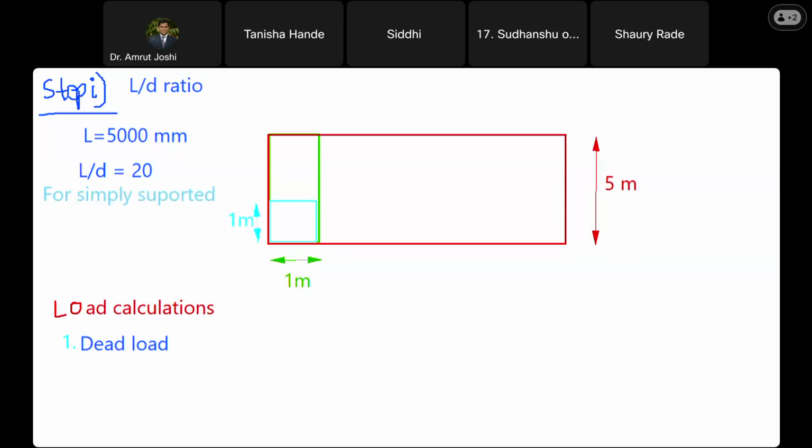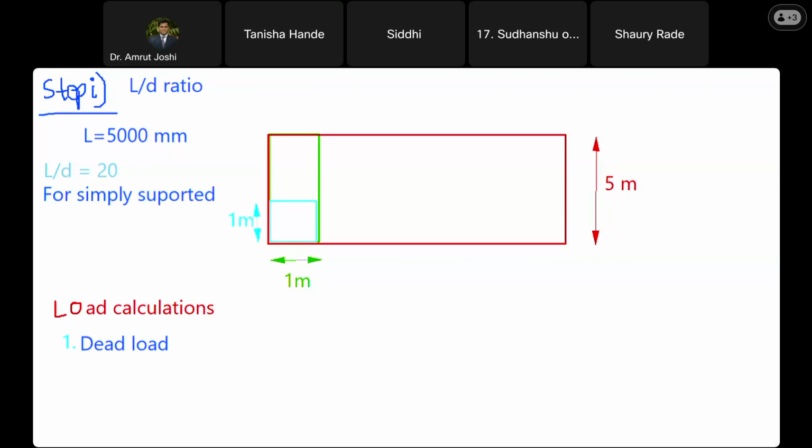In the last class, I have given you the list. If it is a cantilever, we allow L by D equal to 7. If it is a simply supported beam, then we allow L by D equal to 20. And if it is a continuous beam, we allow L by D equal to 26.